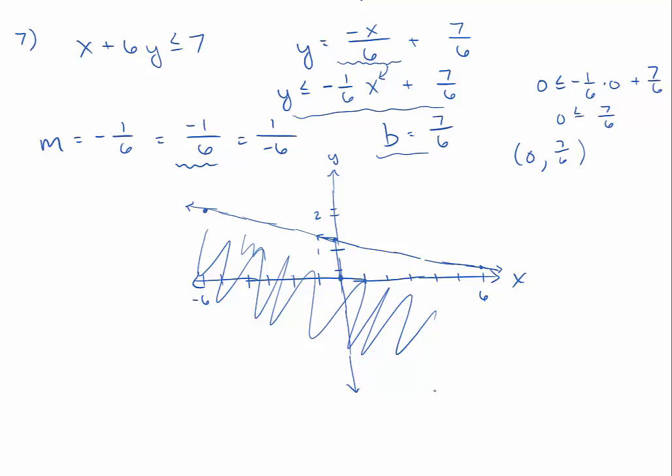Again, watch the previous video if you need to, but the only changes here are, is the line solid or dashed? In our cases, unfortunately, they were all solid, so we didn't get to change anything. But then, picking where you're going to shade, and it doesn't have to be super pretty as long as it's accurate, because you're just comparing your graph to the multiple choices. Those choices are all going to be shaded probably in different areas, or maybe even different lines, but which one matches yours, and then you pick A, B, C, or D.